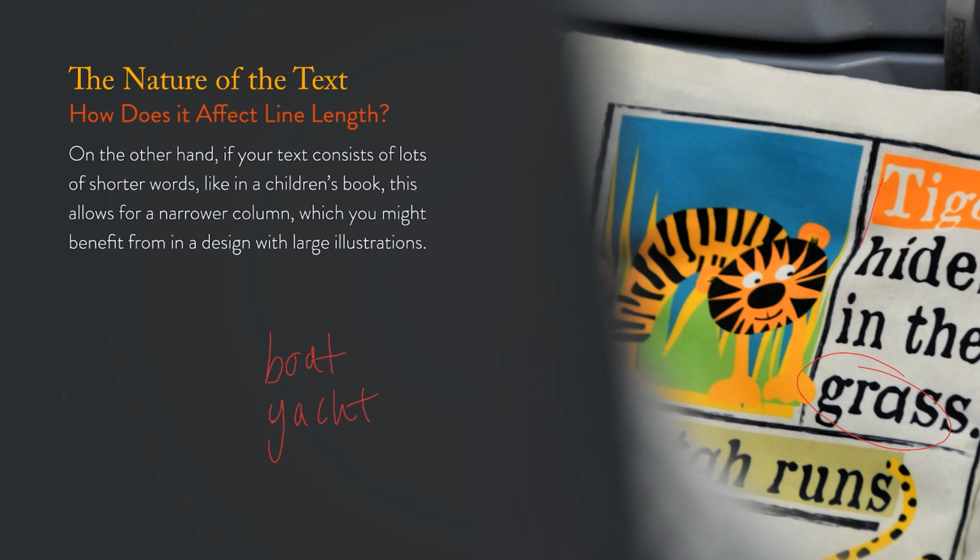It might be pea instead of petit pois. Naturally, these words are going to be shorter, and therefore you need less space, which gives you more space for the nice, cute picture of a tiger.